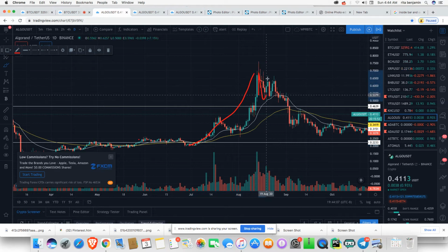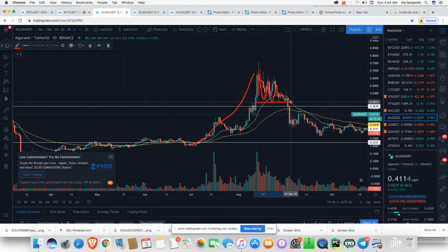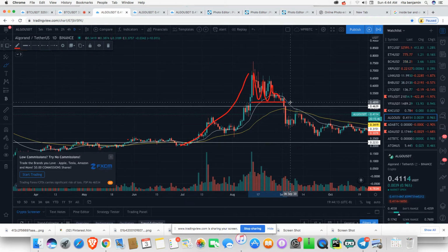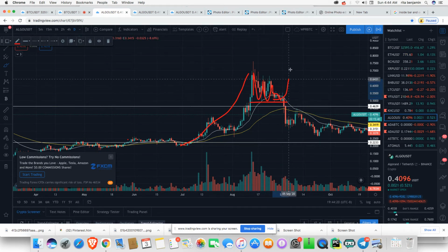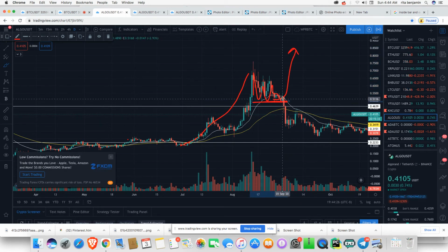Price is going to go sideways for some time, trying to look for buyers. This is the distribution stage, trying to see if buyers will come and push price up to form a new high. But since there were no buyers in the market, price broke down the support.